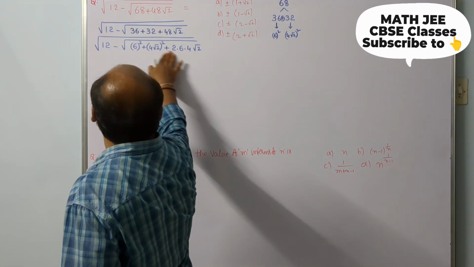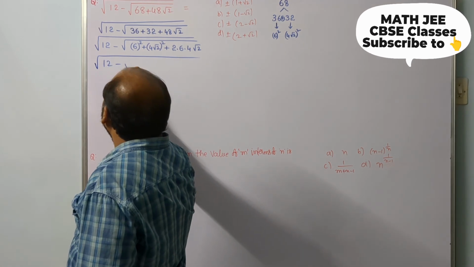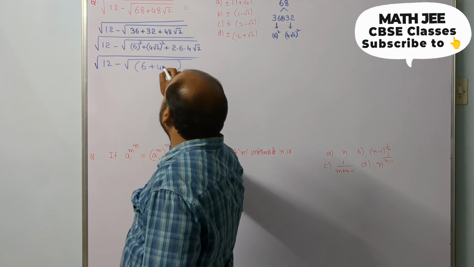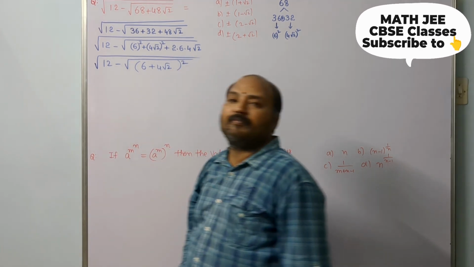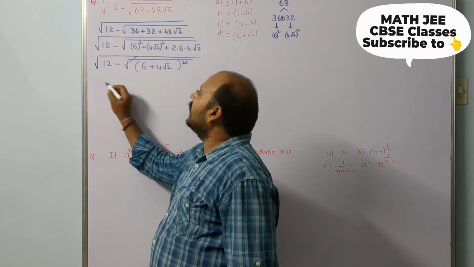Just for understanding purpose, I am writing square root of 12 minus square root of 6 plus 4 root 2 whole square. Now square and root will be cancelled.